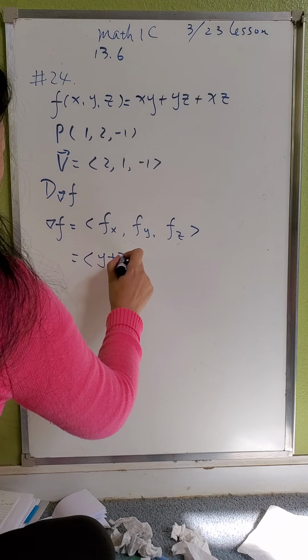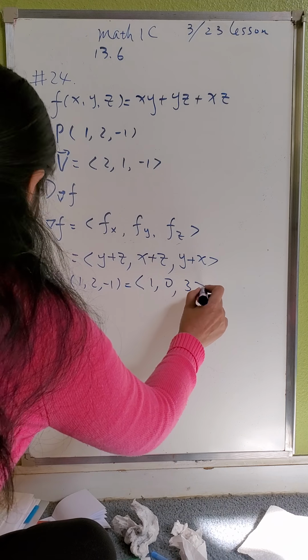The second is x plus z, sorry, I looked at this one, so it's not 0. It's 1. And the last one, y plus x, is a 3. So 1, 0, 3.